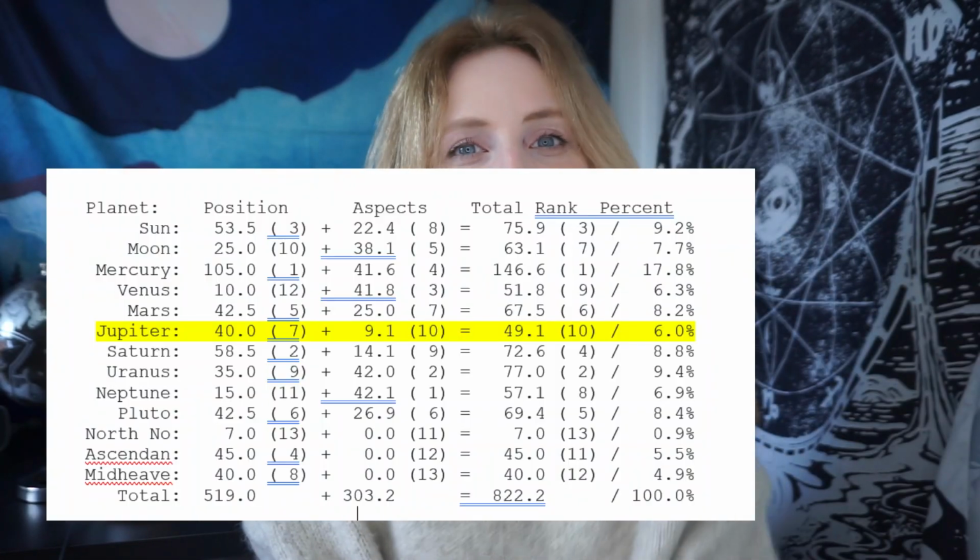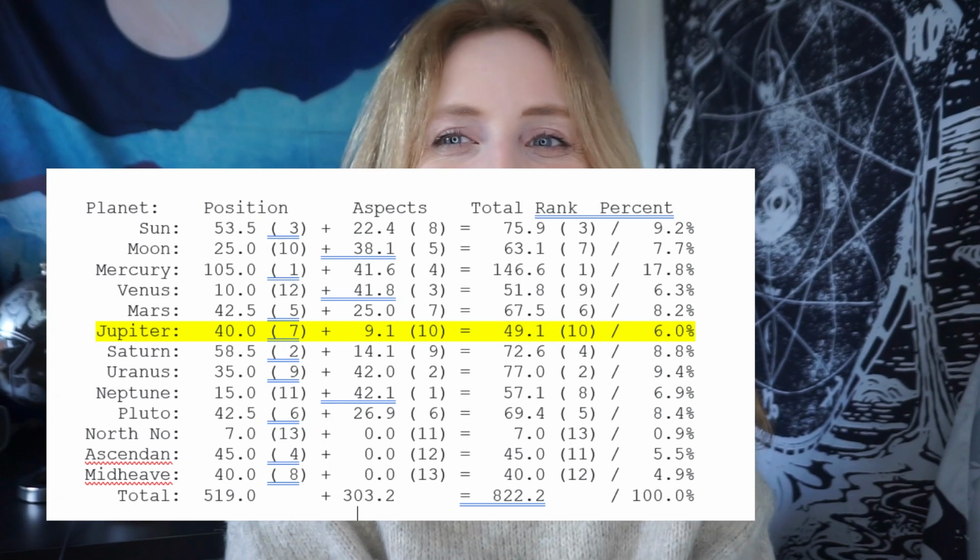And interestingly, Jupiter is my least dominant planet. And I'm really not the most positive person. I also find it challenging to consider the bigger picture at times. I can get caught up in minor details. But again, these things I'm talking about are going on within me. It's looking at my inner functions. They are associated with how I operate on the inside, and they're pretty close to me.